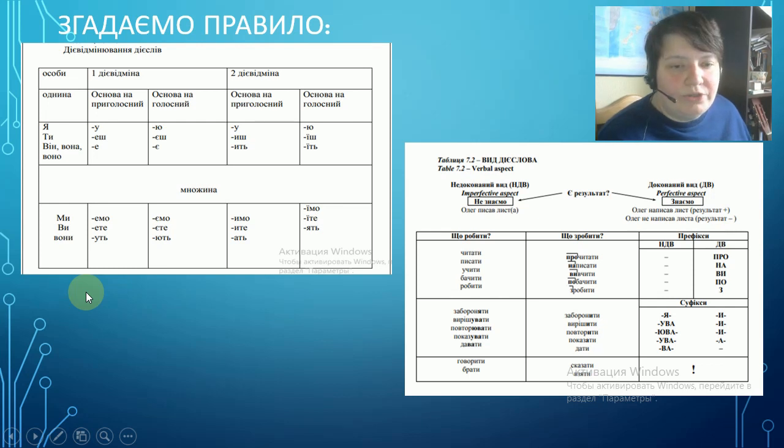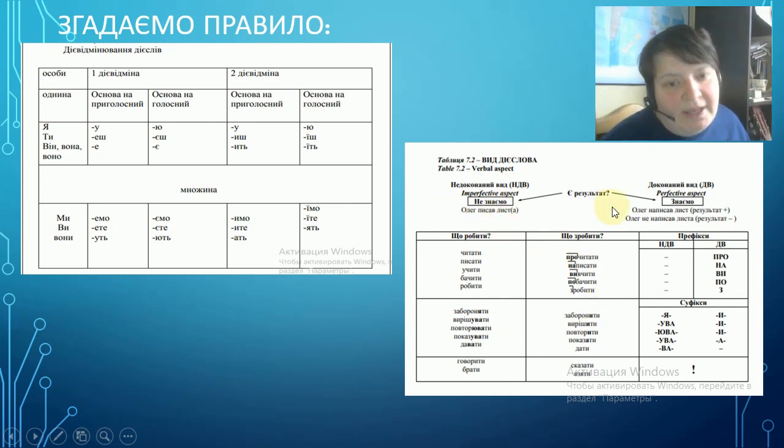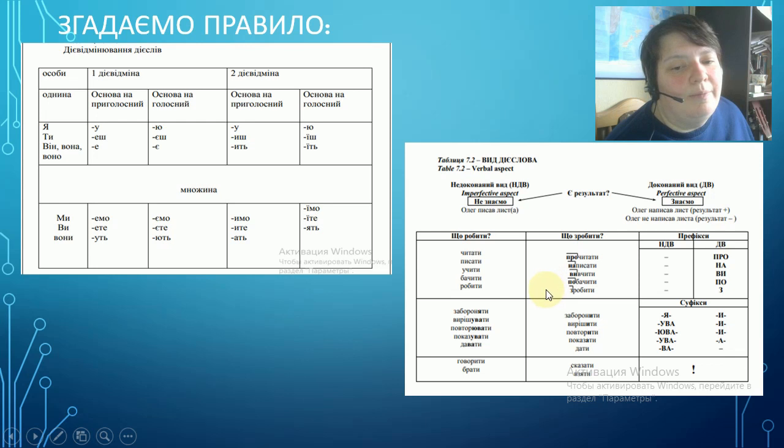And we need to revise perfective and imperfective aspects of verb. Perfective aspect is when we have the results, like perfect tenses: прочитати, написати, so to have done this. So for example, he has read or he has written.